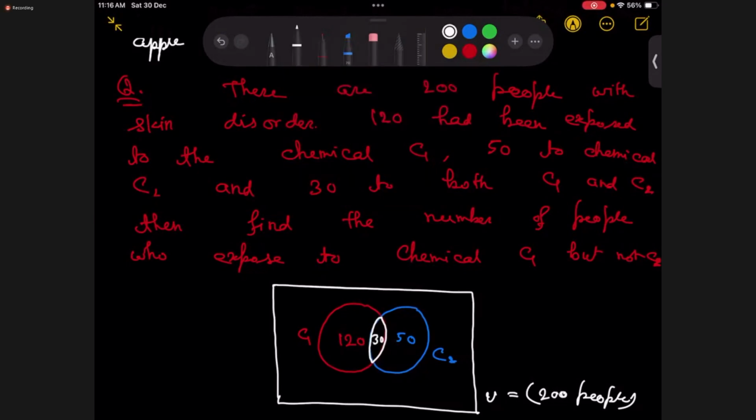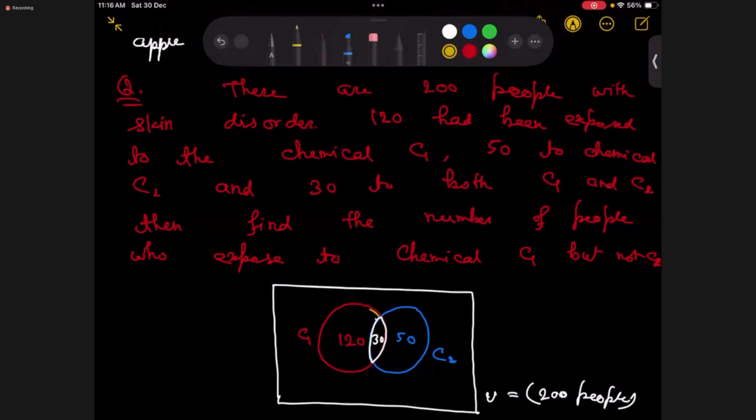Now what are they asking for? They are asking for people who were exposed to chemical C1, that is inside this red one, but not in C2. But not in C2 means those elements which are in C1 but not in C2. So by definition, they are asking for this set.